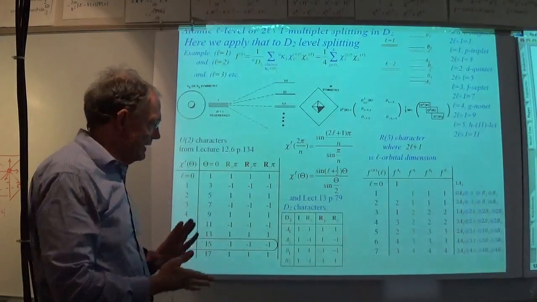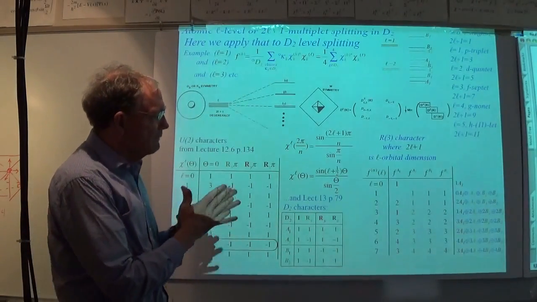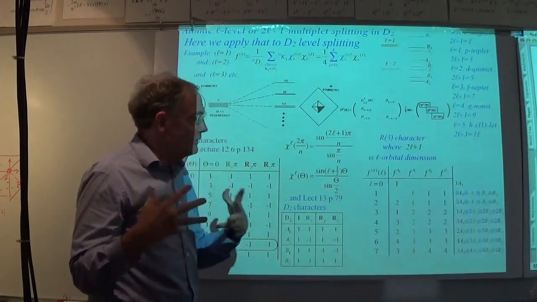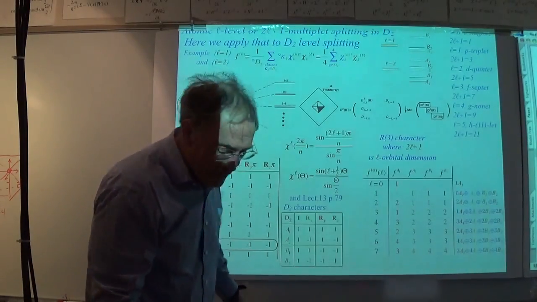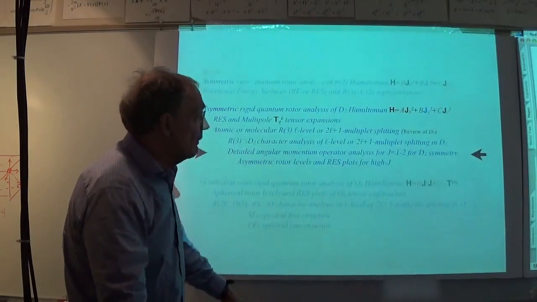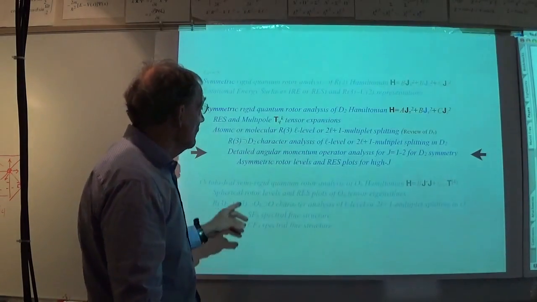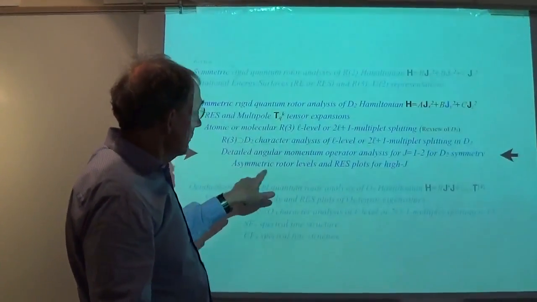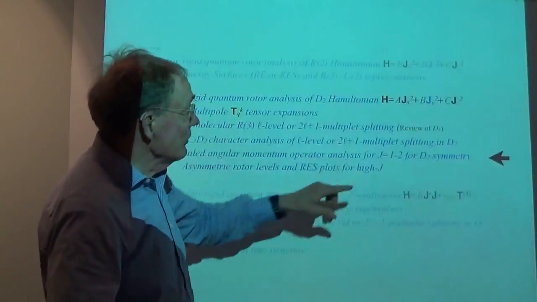And there's a way to do that that's really beautiful, and that's what rotational energy surface analysis gives us, finally, after you've looked at it enough hours. So we're going to be talking about that fairly quickly, just with respect to asymmetric rotor levels for high J.